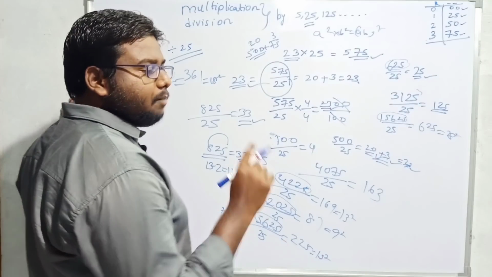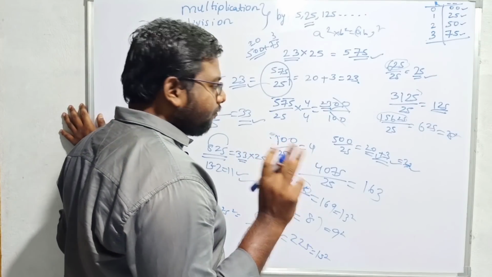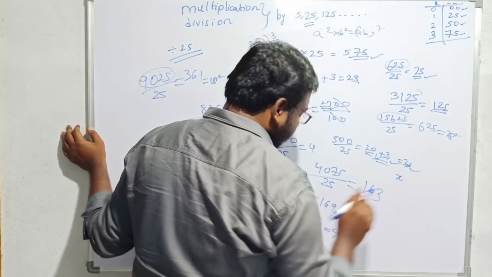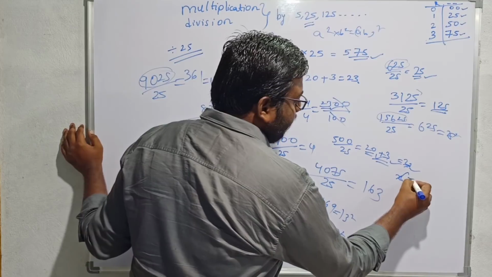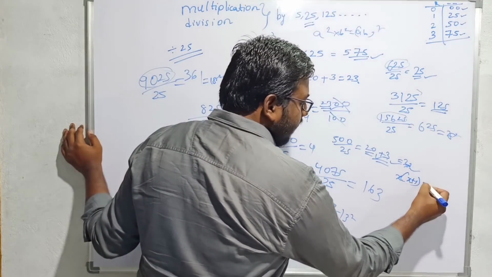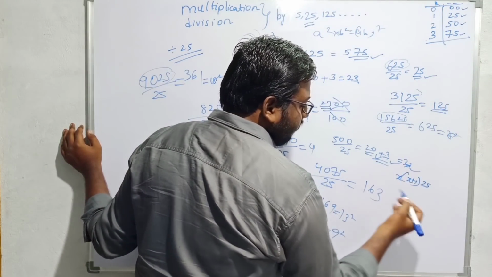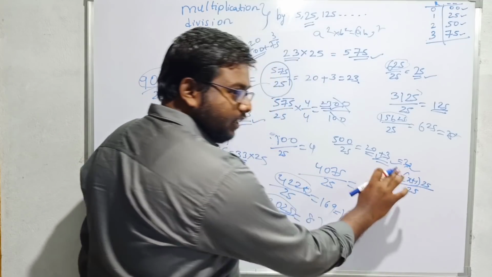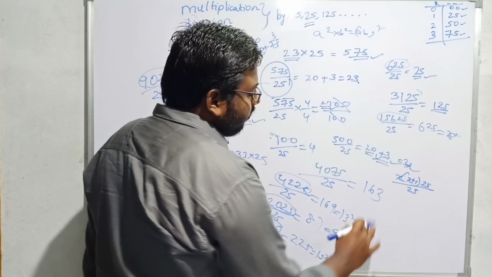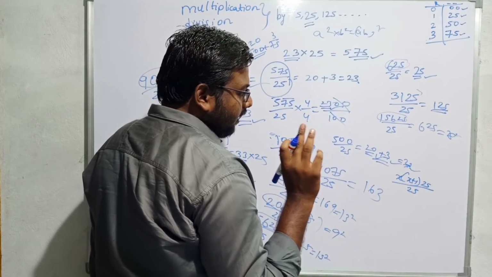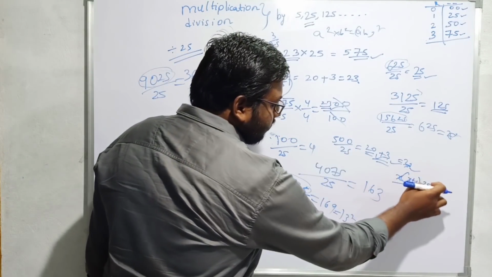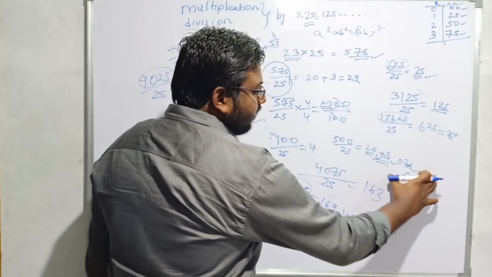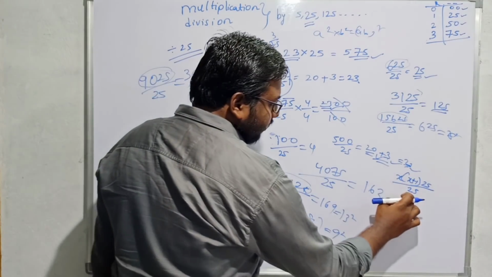In the previous video of part 4, I discussed that every square number ending with 25 will be in the form of x into x plus 1 followed by 25. I discussed it clearly in the part 4 video, and you can watch there if you want full clarity about it. Every perfect square will be like this. Here I wrote the general form of this, and I am dividing this with 25.